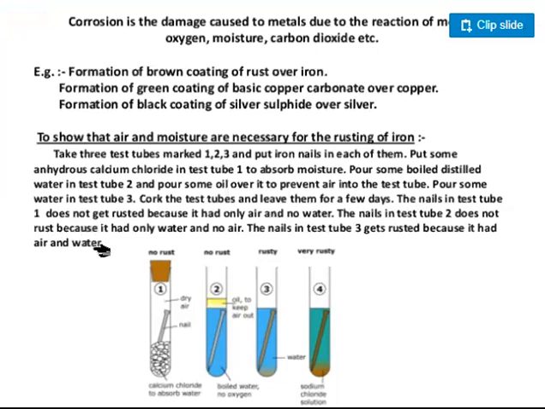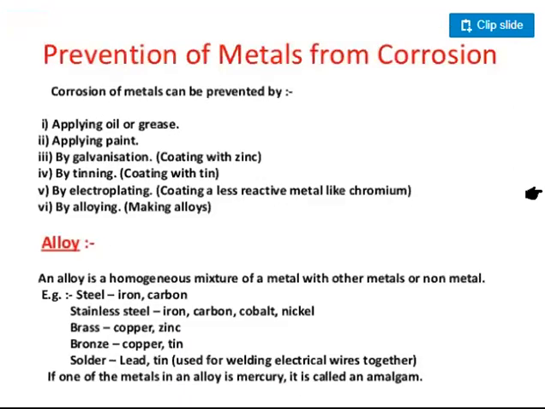Because of that it does not rust. Now, the nail in test tube 3 gets rusted because it had air and water both. That means air and water are the two conditions which are necessary for the rusting of iron, which is an example of corrosion.